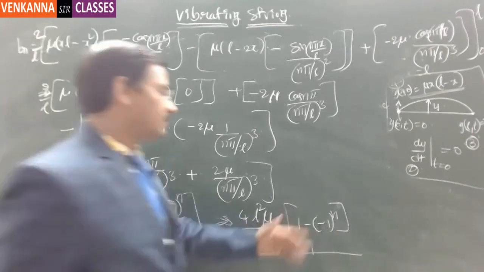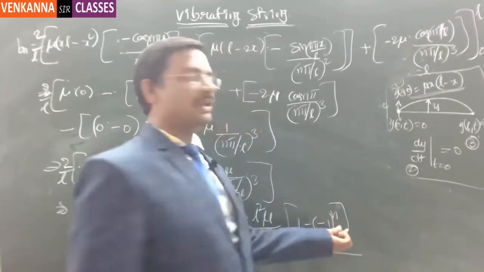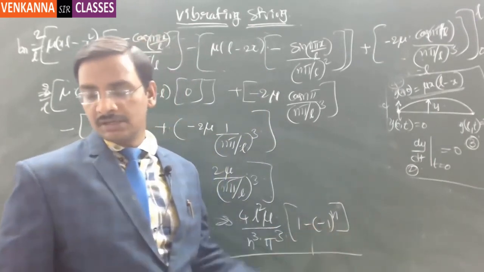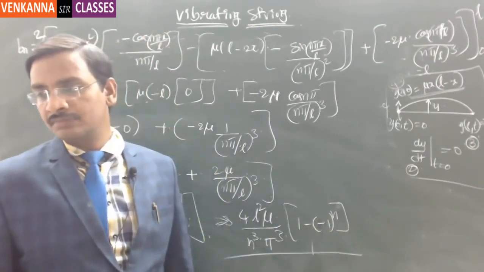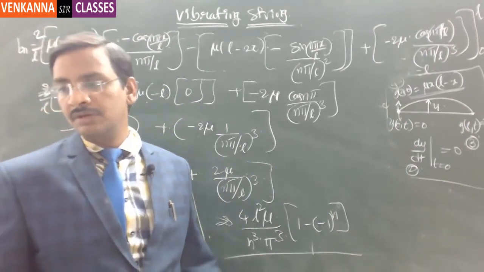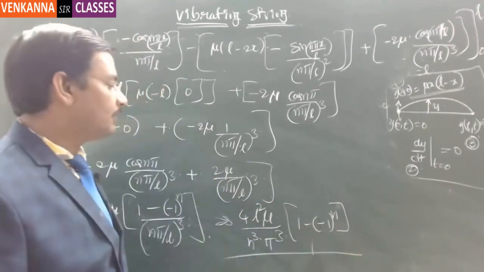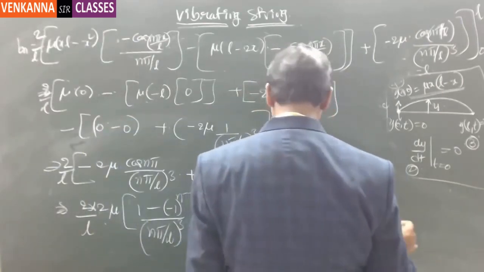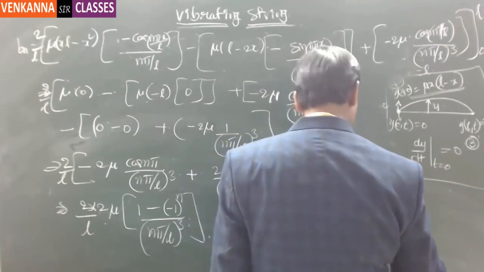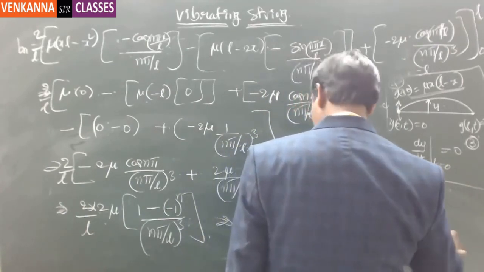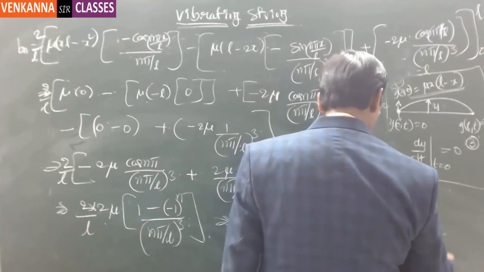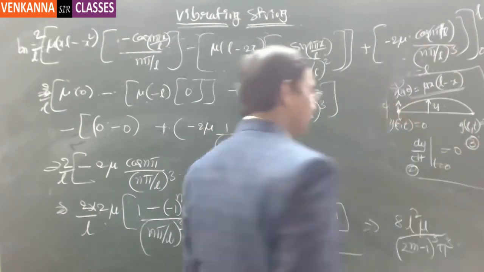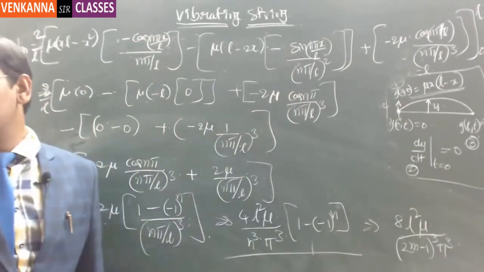If you want, you can further simplify this. For every even number, this is going to vanish. For every odd number, this will become twice. Correct or not? Got it? So you can keep the odd numbers, where this becomes 2 times, giving 8L square mu divided by (2m minus 1) whole cube into pi cube, where m is the index.